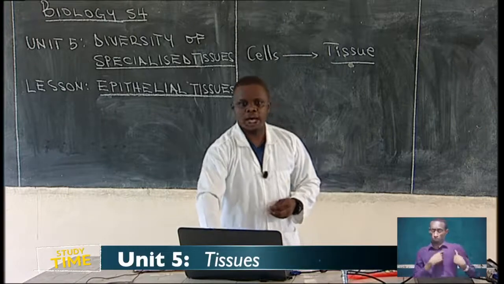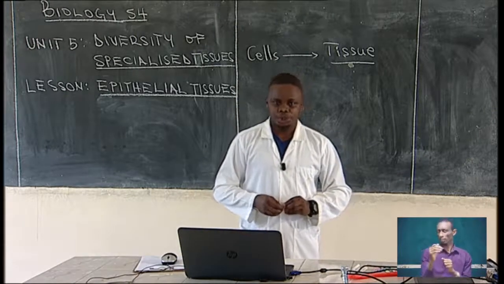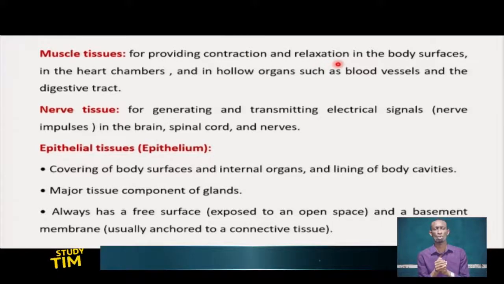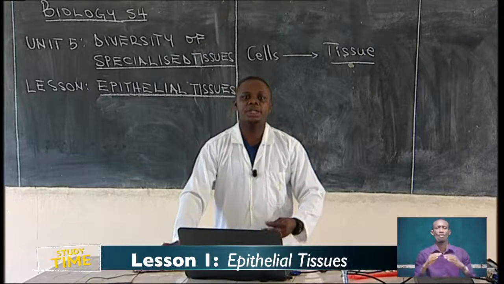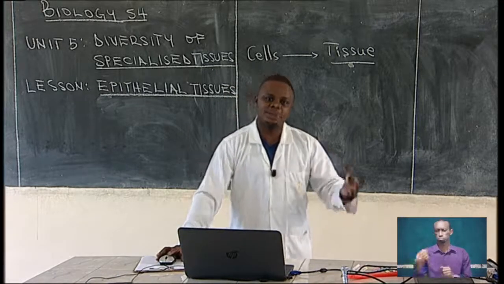Then we also have the third type of tissues we find in our body. We have muscular tissues. These muscular tissues are responsible for contraction and relaxation in the body surfaces. That means when there is contraction and relaxation, there is movement of an organism from one place to another.